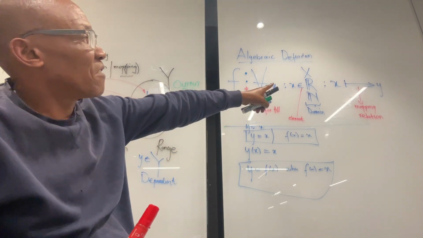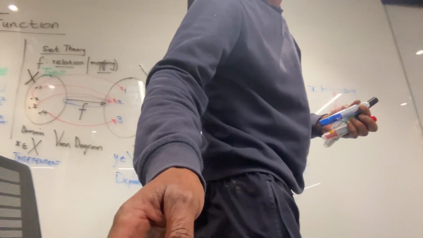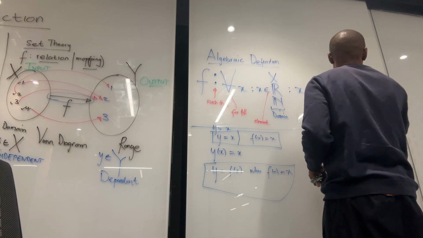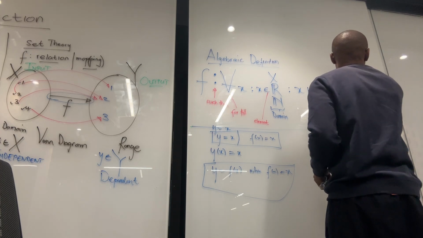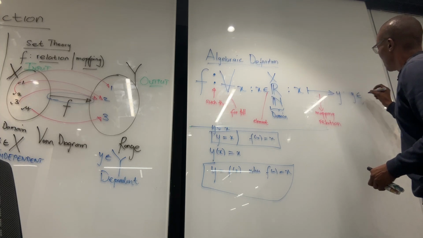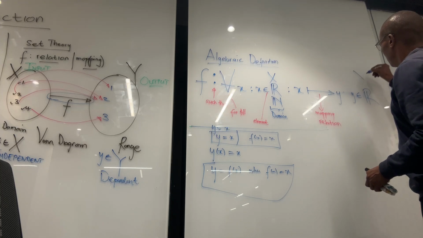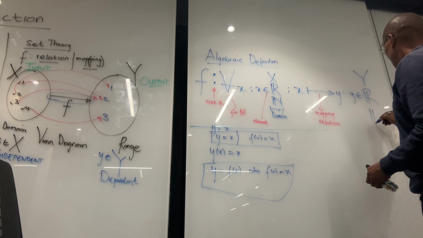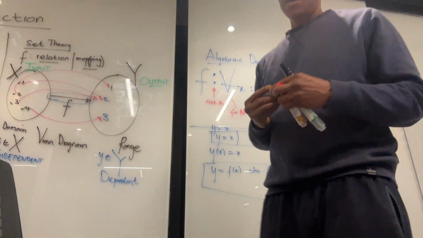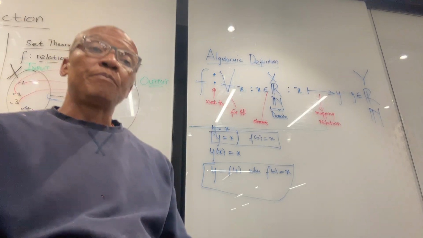f maps the values of x to the values of y, where y, sometimes they don't even write the word where, is an element of, now it can be anything. It can be the years, it can be big Y, it can be natural numbers. f is a mapping. It's a function.